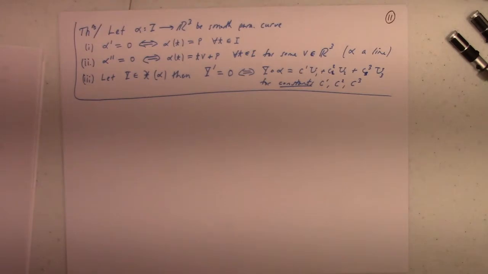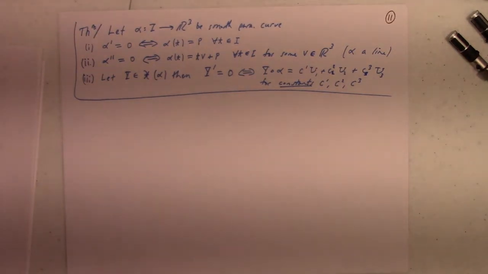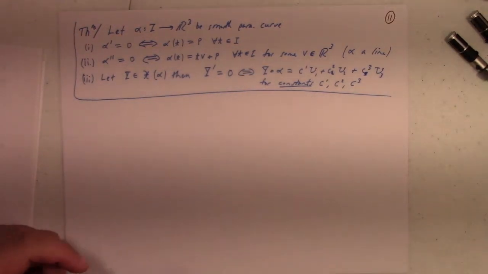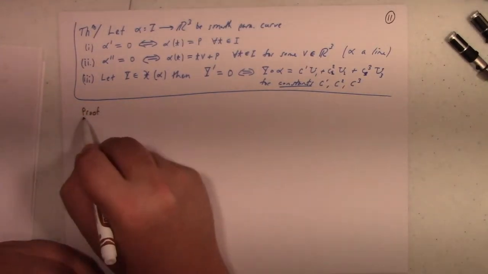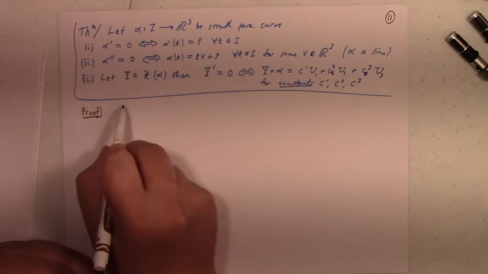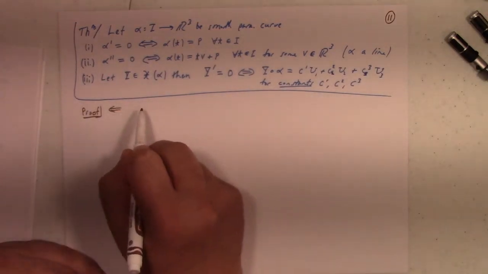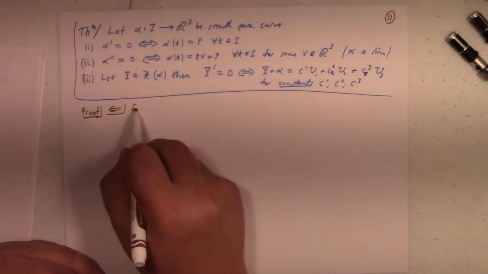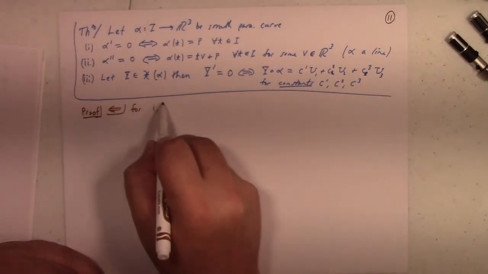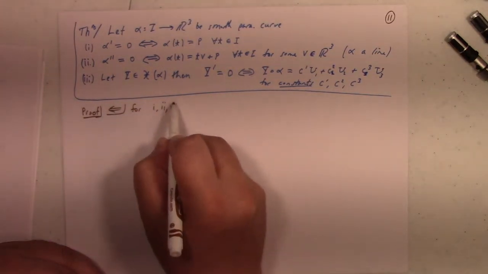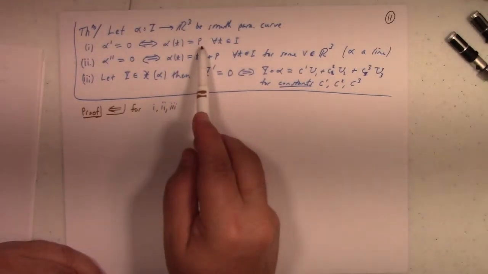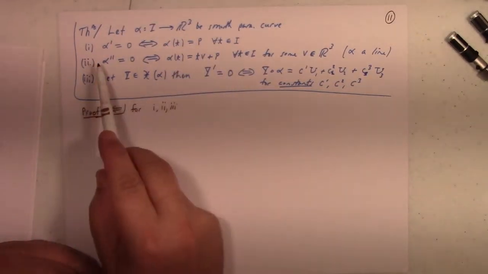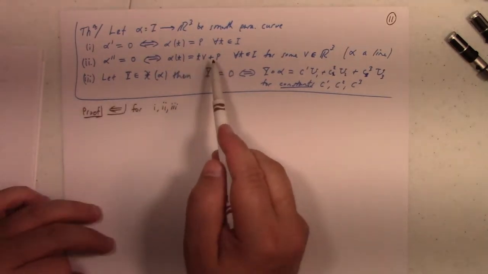All right, so how do you prove these sorts of things? Well, without much effort, actually. The converse direction for 1, 2, and 3: you just differentiate. If alpha prime is 0, differentiate this.